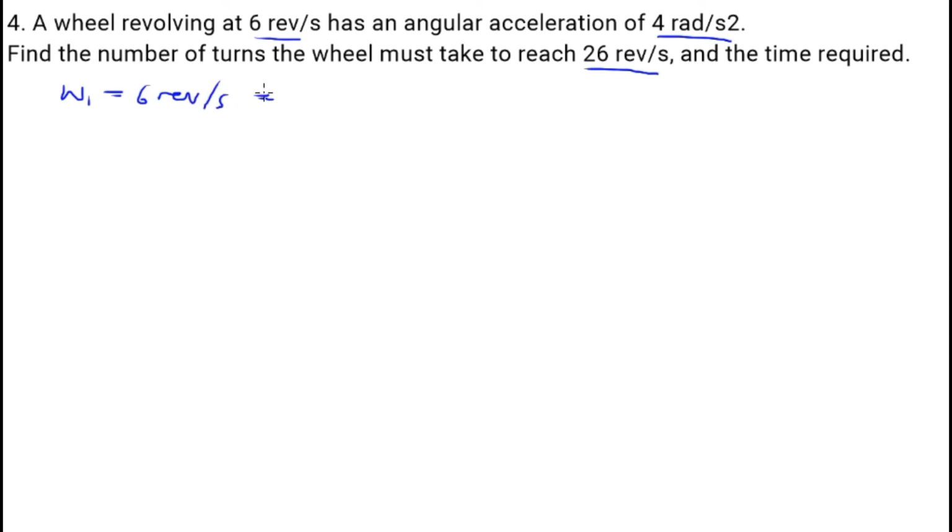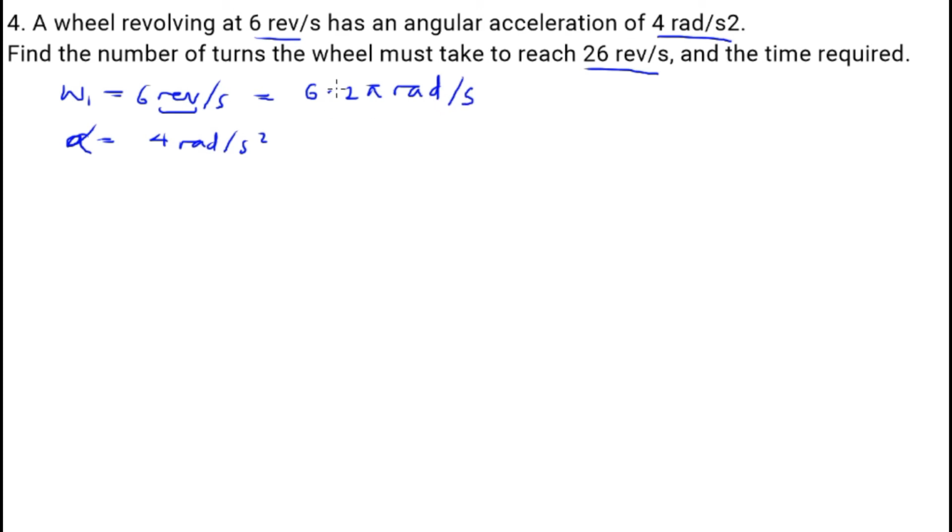I'll convert it to rad per second, since the angular acceleration is in rad per second squared. A revolution means 2 pi rad, so I can just have 6 multiplied by 2 pi rad per second.